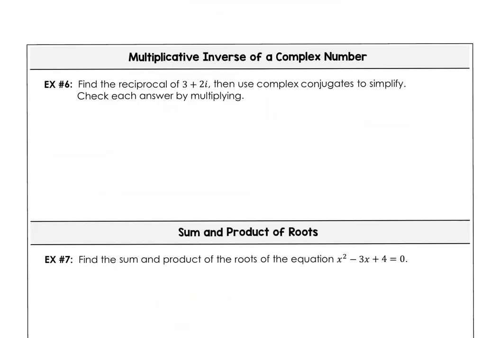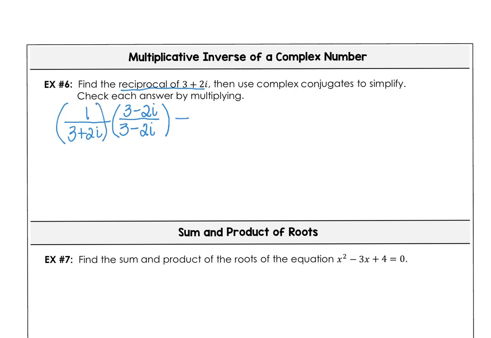In example 6, this is an example of the multiplicative inverse for a complex number. So if we want to find the reciprocal of 3 plus 2i, that would be 1 over 3 plus 2i. And it's a division problem, so we want to rationalize the denominator by multiplying the fraction by 3 minus 2i, so we need a well-chosen 1 in that format.